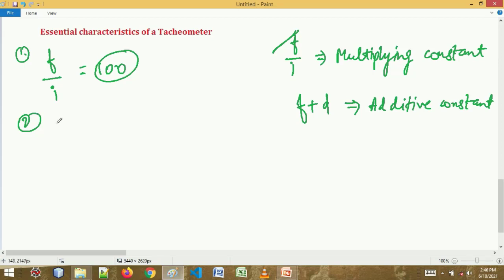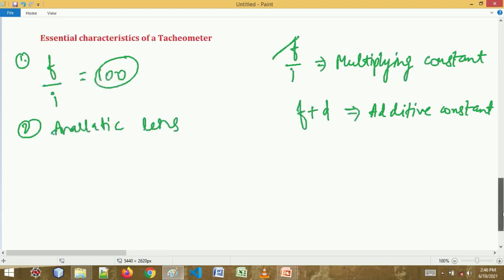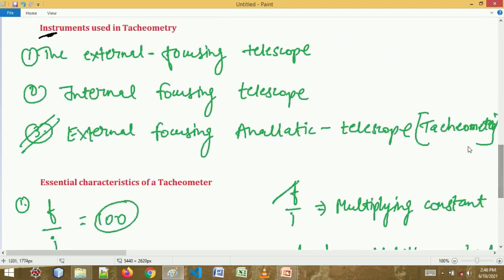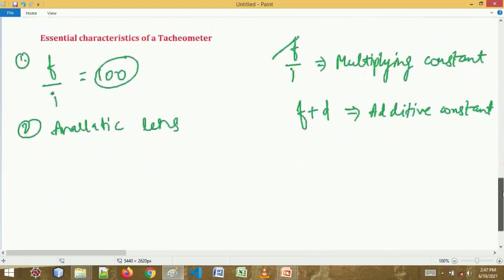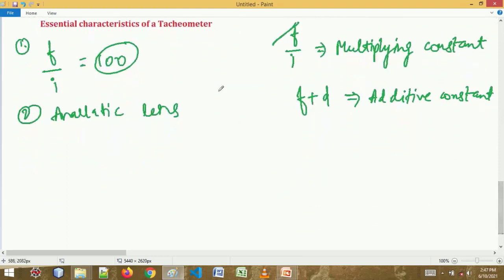As I told you earlier, the transit theodolite which is fitted with an analytic lens is known as a tachyometer. In the above slide you can see point number 3, the external focusing analytic telescope, generally known as a tachyometer. So this is the second essential point, that an analytical lens should be fitted in the telescope.